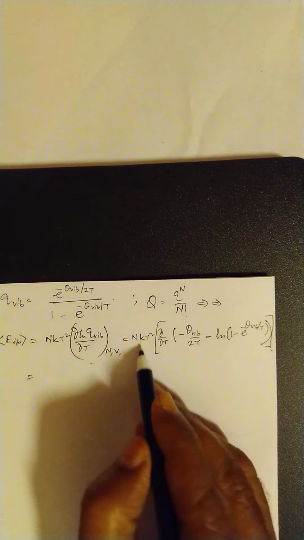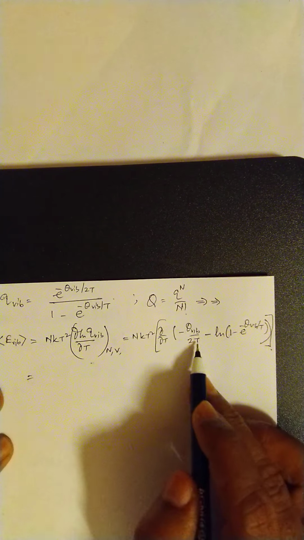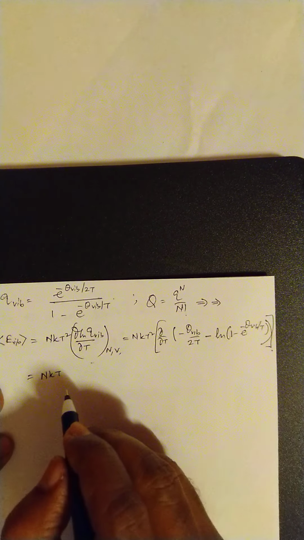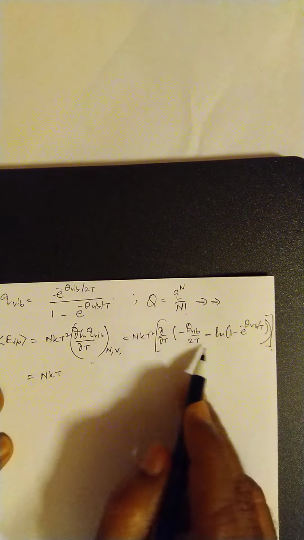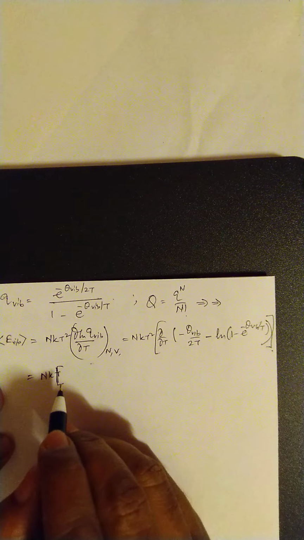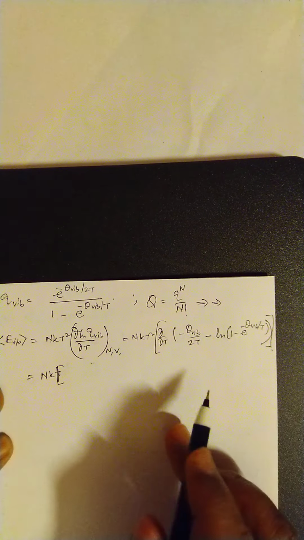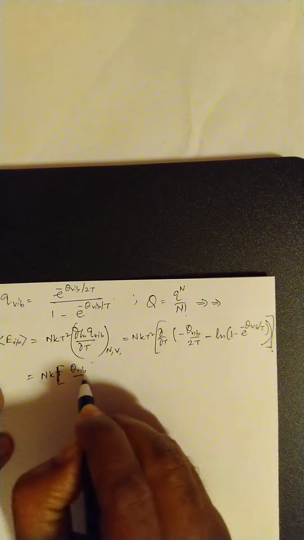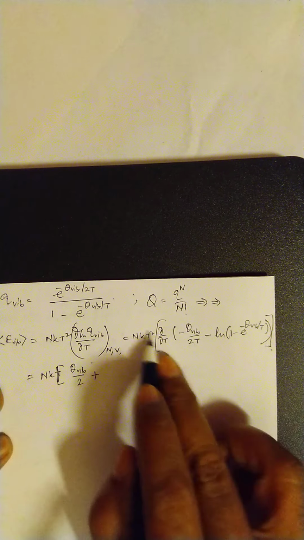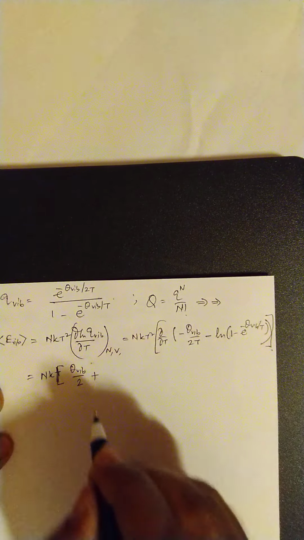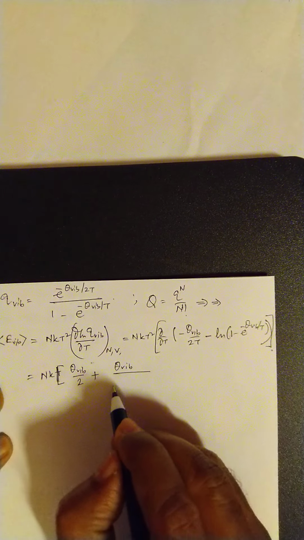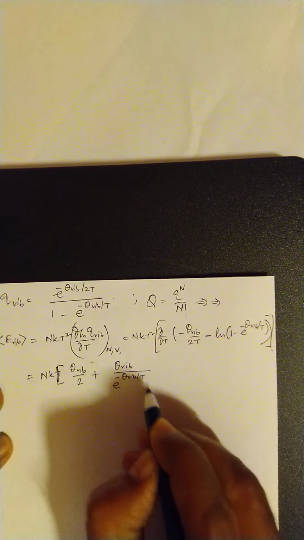Now if you do the differentiation with respect to temperature and multiply with NkT square, the T square cancels with the T square that comes from the derivative, so it becomes Nk into theta vibrational by 2, plus, because the minus sign from the 1 by T square differentiation also goes, theta vibrational divided by e to the power theta vibrational by T minus 1.